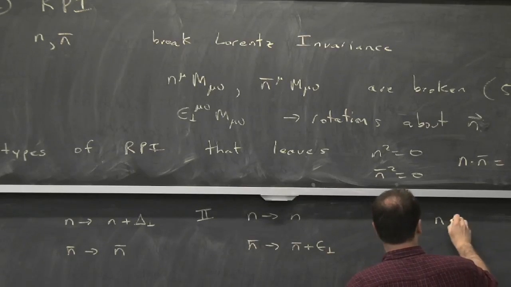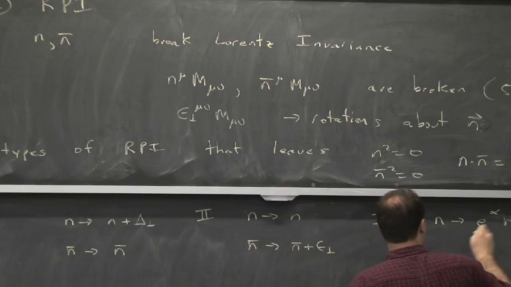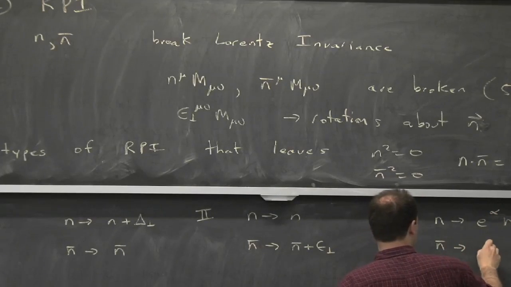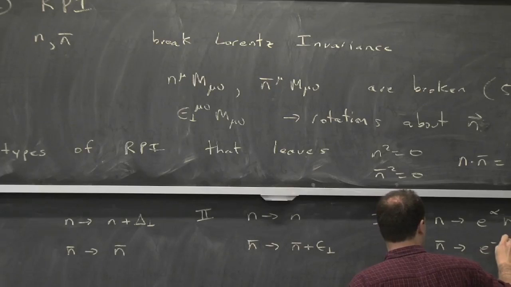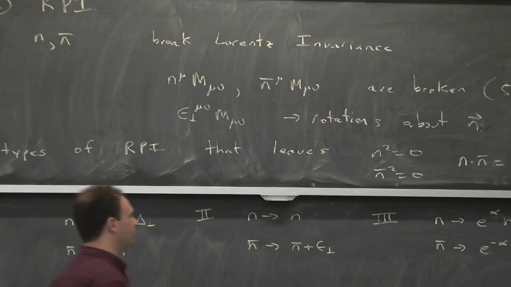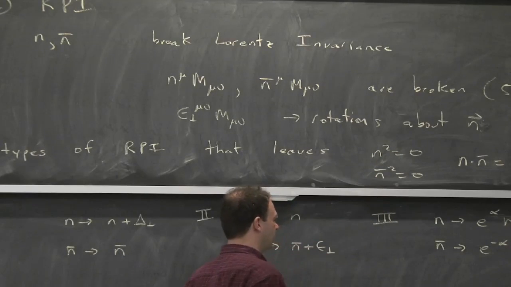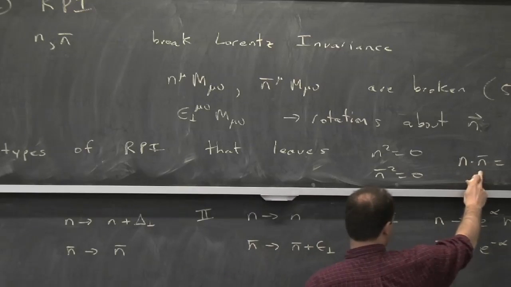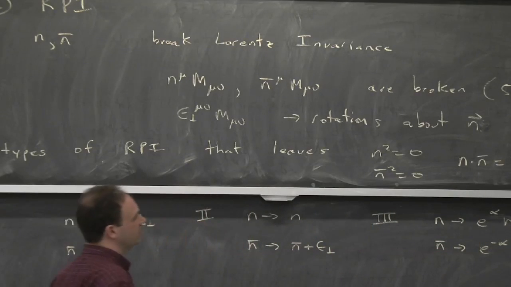And this one, let me write like this. It's a simultaneous transformation of these 2 guys, where I just do a multiplicative factor. Well, a multiplicative factor is not going to change the fact that the square of something is 0. The place where the normalization comes in is this n dot n bar.